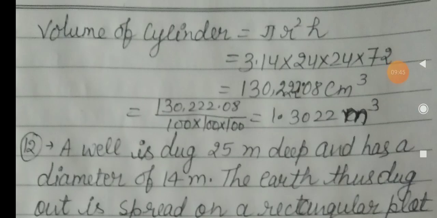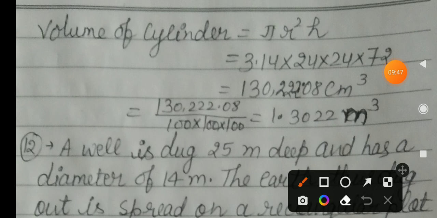So here you very well know that the volume of a cylinder is pi r square h, and you have to put the values of r and h here. Pi is 3.14 and r is 24, so 24 into 24 is the value of r square.